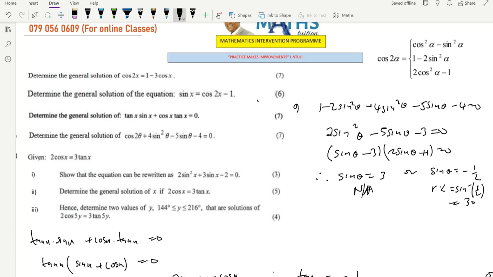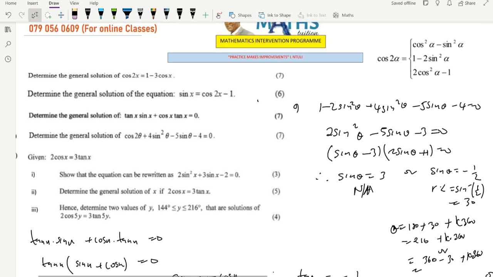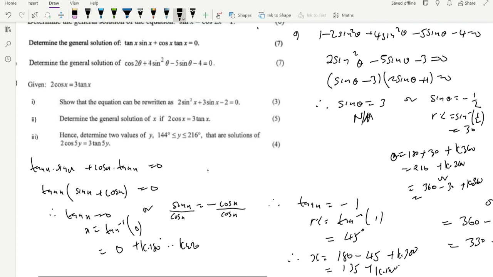What you need to do here, guys, is check for the quadrants where your sine is negative. What are those quadrants? Third quadrant and fourth quadrant. What does that quadrant say? It says 180 plus reference angle plus k 360, which is 210 plus k 360, or 360 minus 30 plus k 360, which is 330 plus k 360.